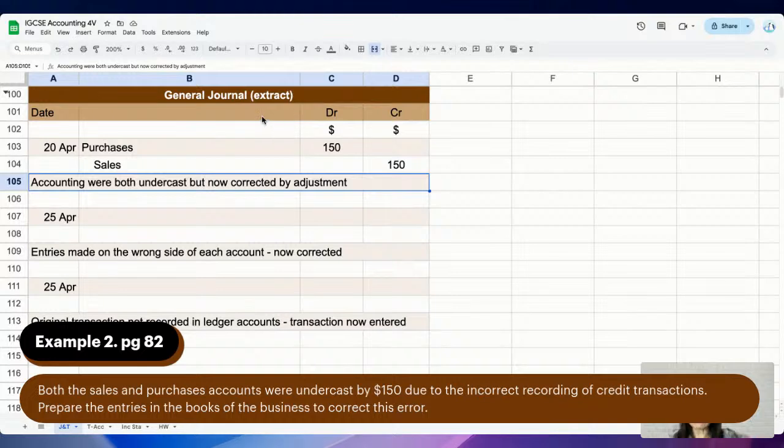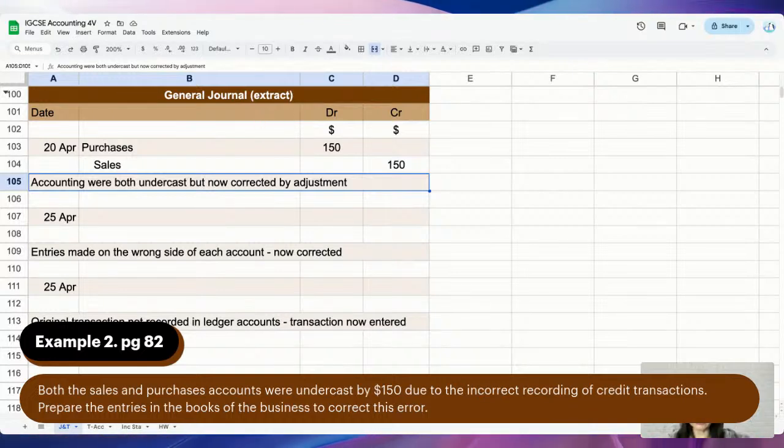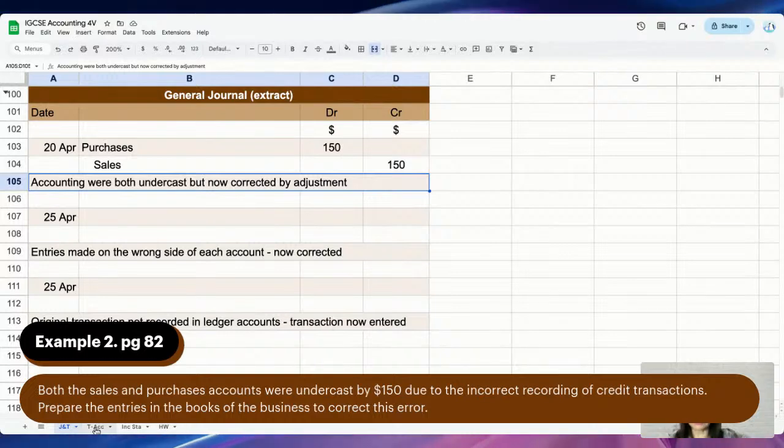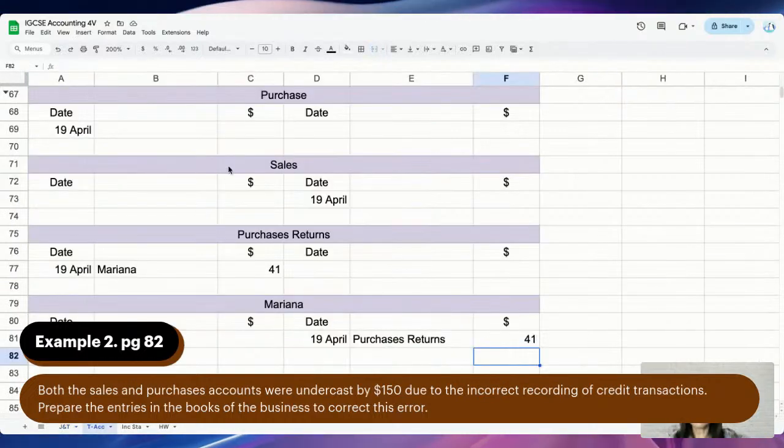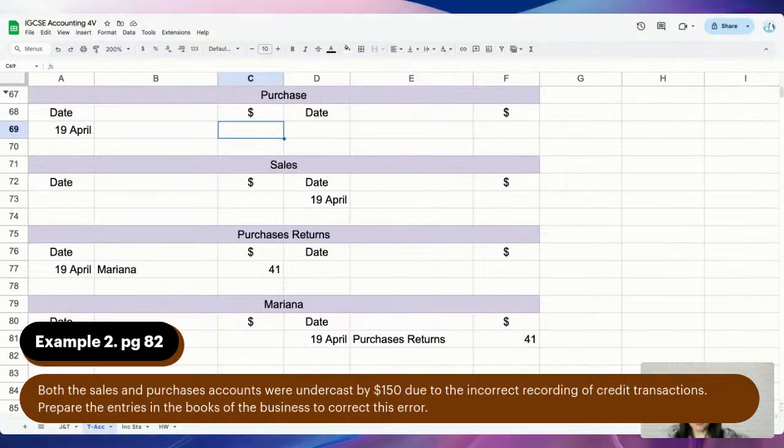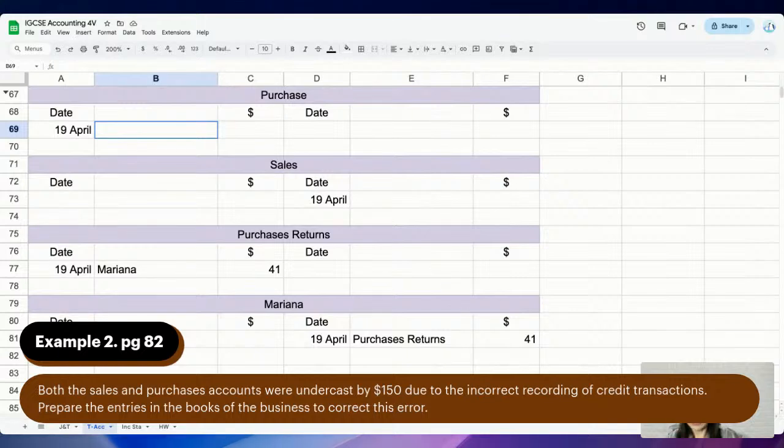Once we make this adjustment in the general journal, we have to go to the T accounts. On the purchase side, we need to credit the supplier.